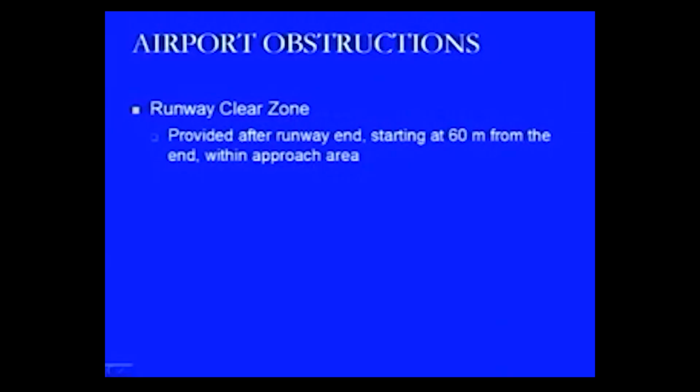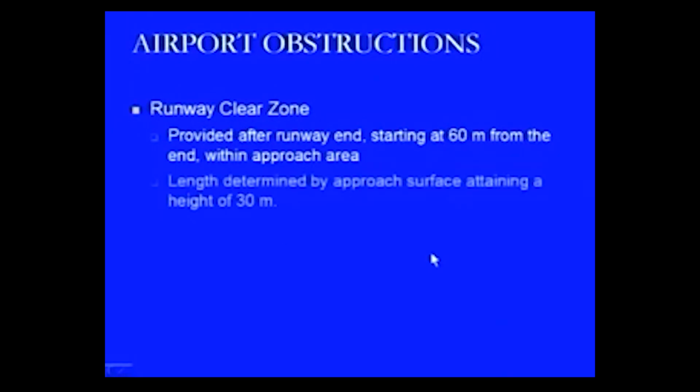Its length is determined by the approach surface attaining a height of 30 meters. So, it is dependent on the rate at which the approach surface is going up, and as soon as it attains a height of 30 meters, whatever the distance in the horizontal direction is, that will be the length of that clear zone.